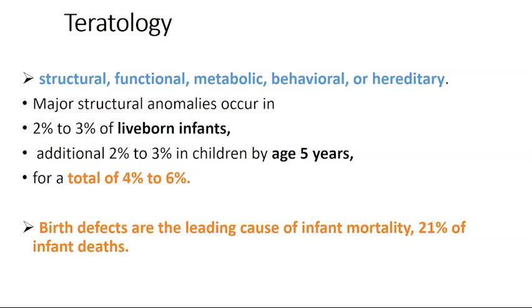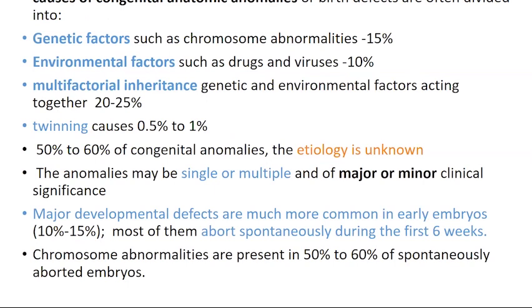This was because the baby had either a structural abnormality or a genetic abnormality, some sort of abnormality, and nature expelled it to prevent it from going on. So about 21% of infant deaths, including those unexplained abortions, are because of these fetal abnormalities. Causes of congenital anatomic anomalies or birth defects are often divided into different categories.